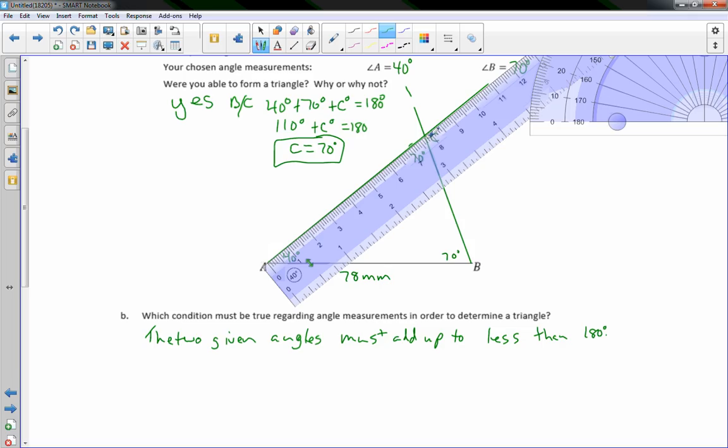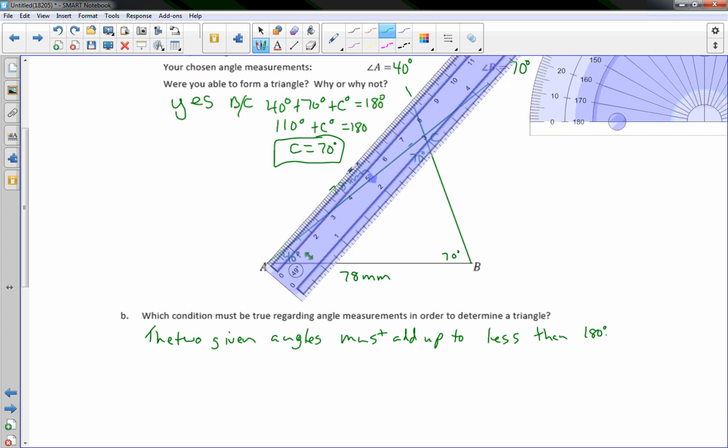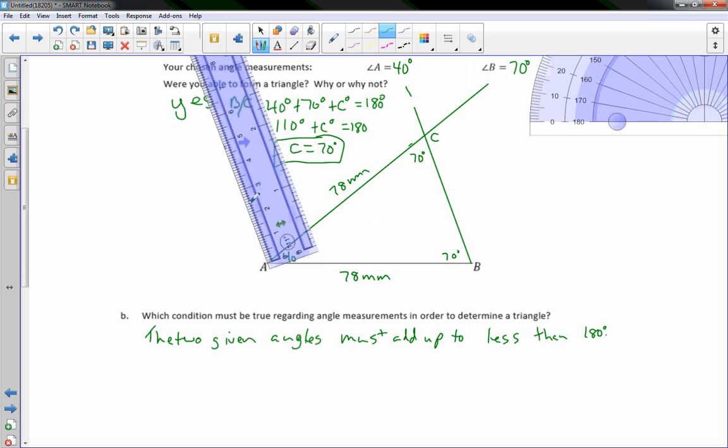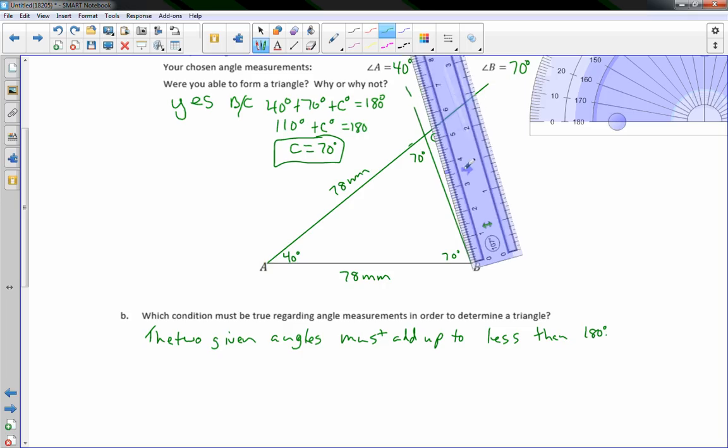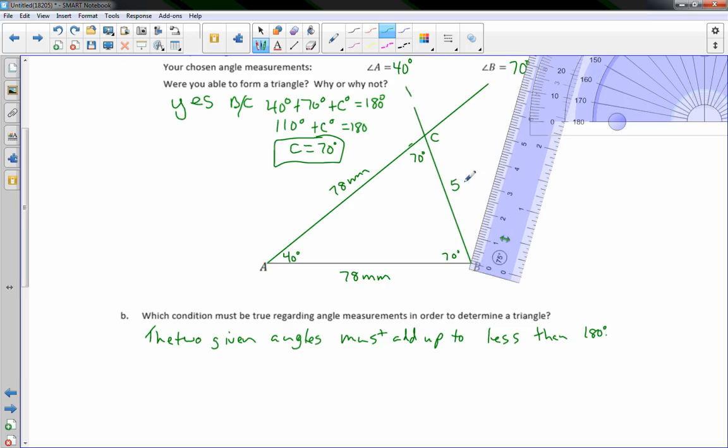That's 80, 79, 78, maybe 78 millimeters. Okay, and then I'm going to rotate this around and measure B to C, and it's 52 millimeters.